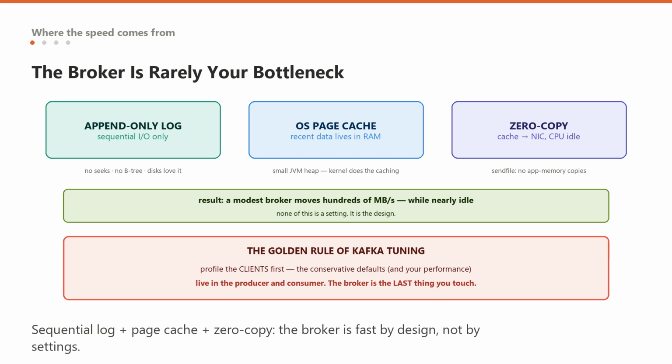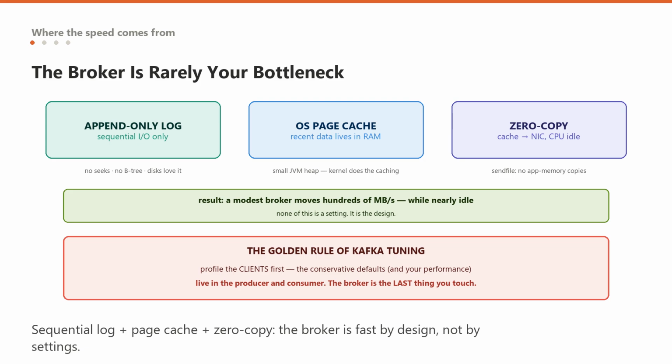When a consumer fetches data, the broker can hand bytes from the page cache directly to the network socket, without copying them into application memory first. Data flows from cache to network card with the CPU barely involved. Put those together and a modest broker moves hundreds of megabytes per second while nearly idle.